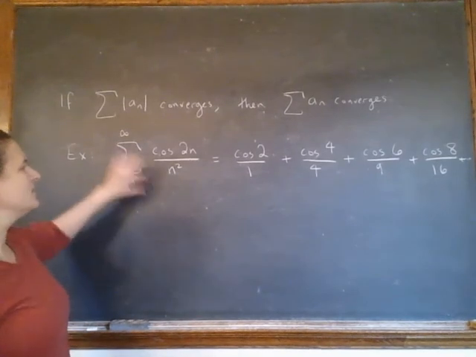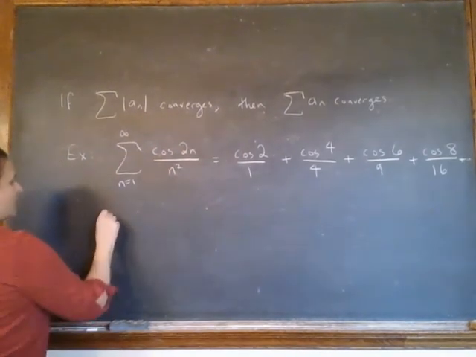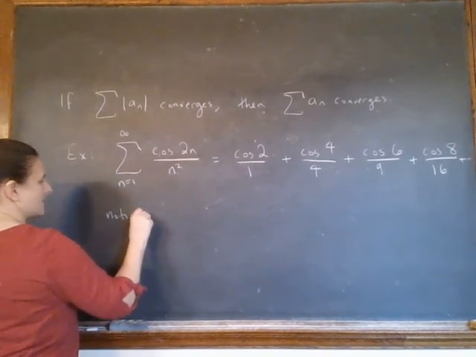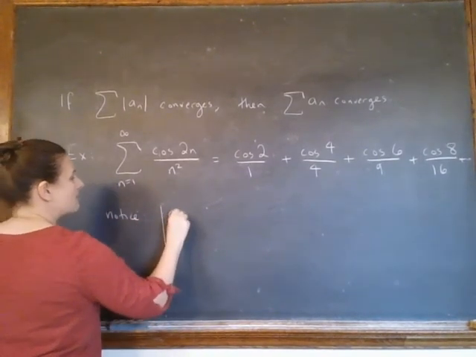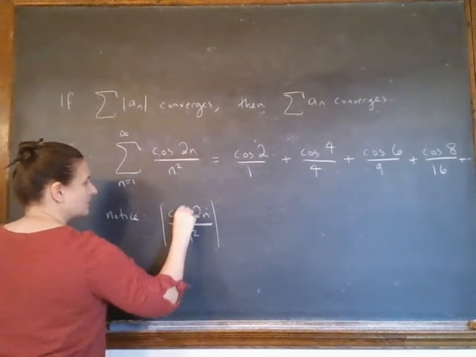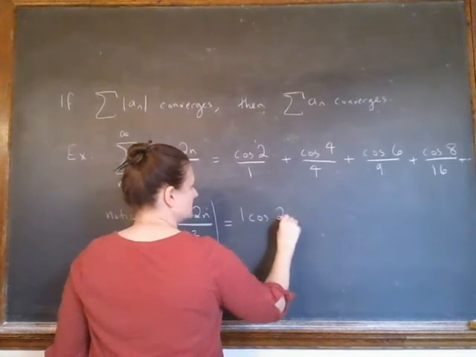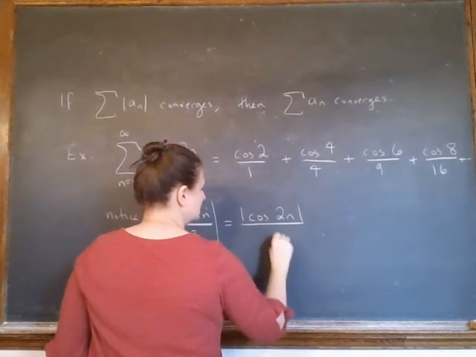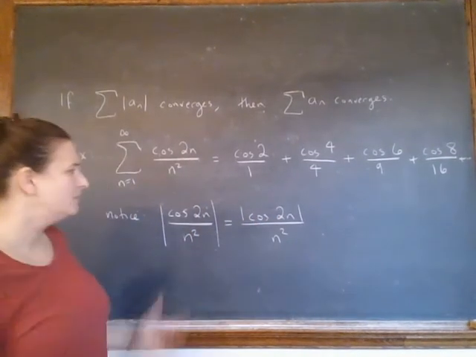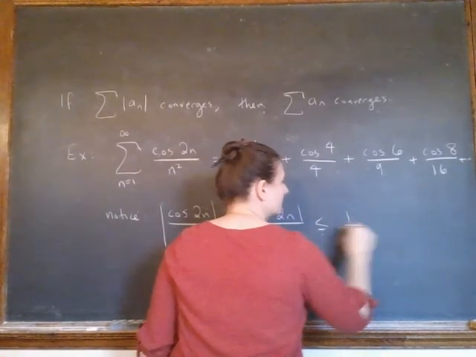So for something like this, you can use this idea. If I do the absolute value of this, it's this, right? But cosine of whatever it is going to be less than 1, right?